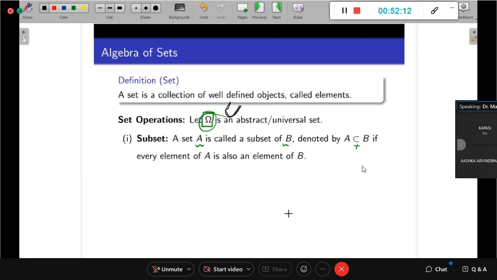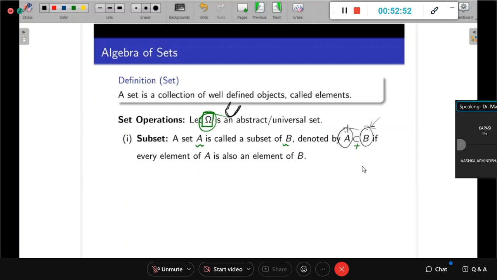Now it's very clear when we say a set is a subset of another. If every element of A lies inside B, you say A is a subset of B. And if you are able to identify an element of B which is not a member of A, you say A is a proper subset. A very simple example: the set of natural numbers is a proper subset of the set of real numbers.